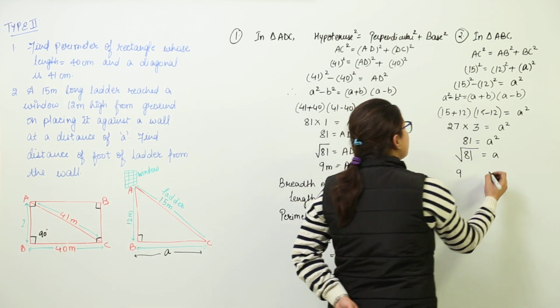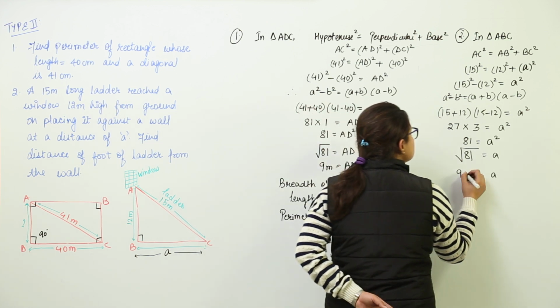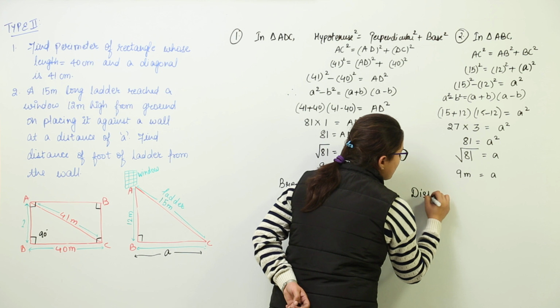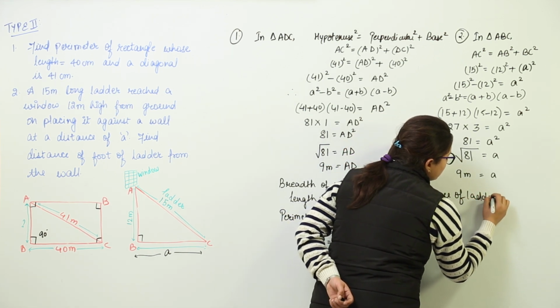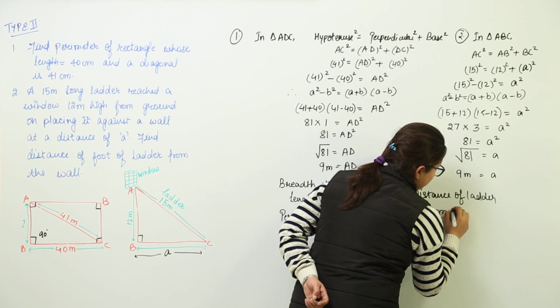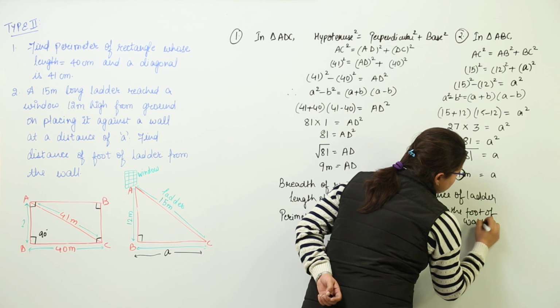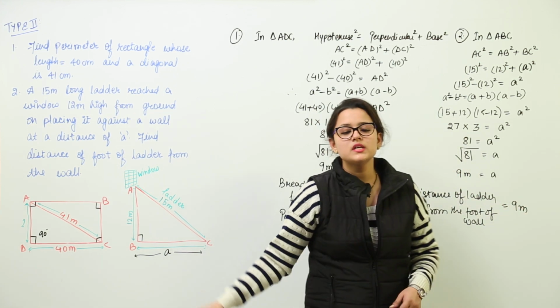So here you get the value of A to be 9, or you can say in the measurements 9 meters. So here you can write the distance of the ladder's foot from the wall would be equal to 9 meters, such that it will be fixed in such a way.